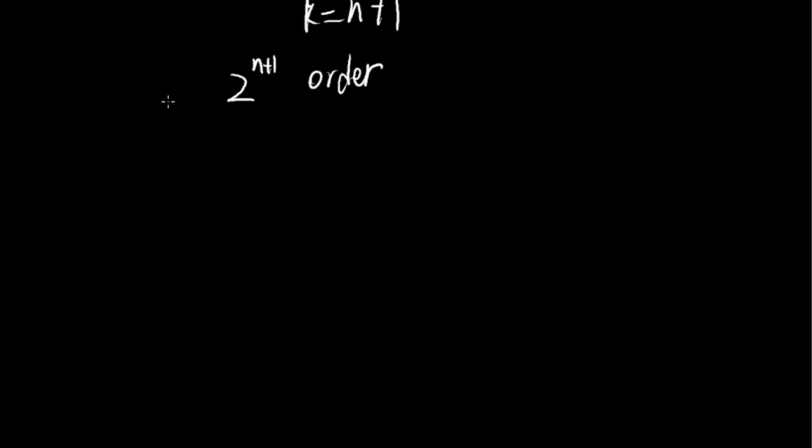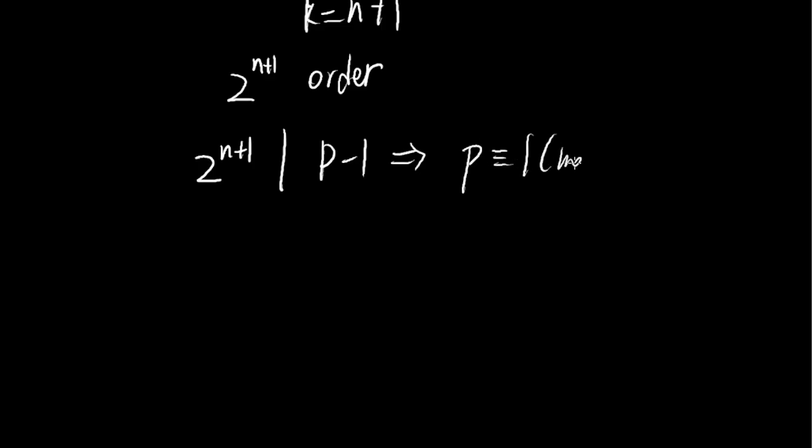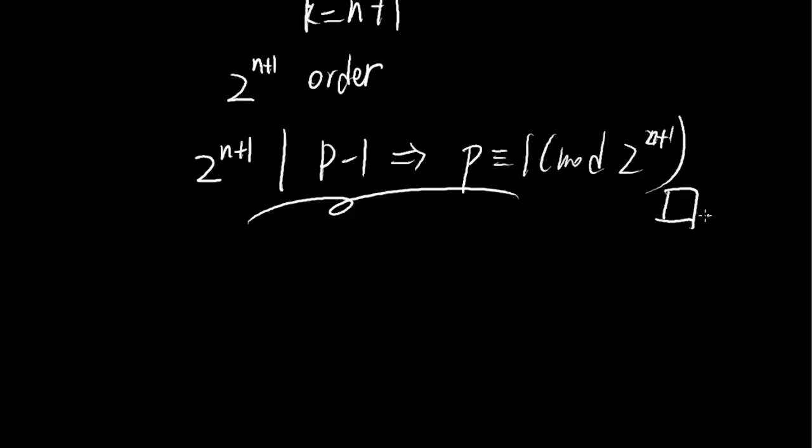Because 2 to the power of n plus 1 is the order, we know that 2 to the power of n plus 1 should divide p minus 1, right? And it directly gives us the desired result. This is very obvious when we think about the famous little theorem. And we finished our proof.